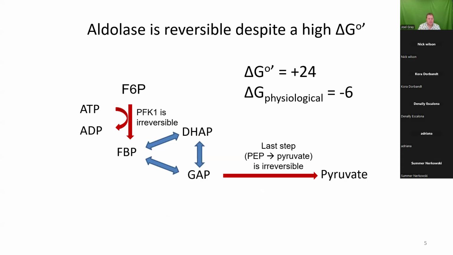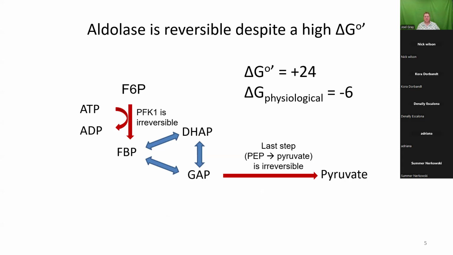Now, aldolase, the enzyme, is reversible despite a high delta G naught prime. So what that means is that when we think about our irreversible reaction steps, we have our first reaction catalyzed by hexokinase, our third reaction catalyzed by phosphofructokinase, and then our last reaction catalyzed by pyruvate kinase.